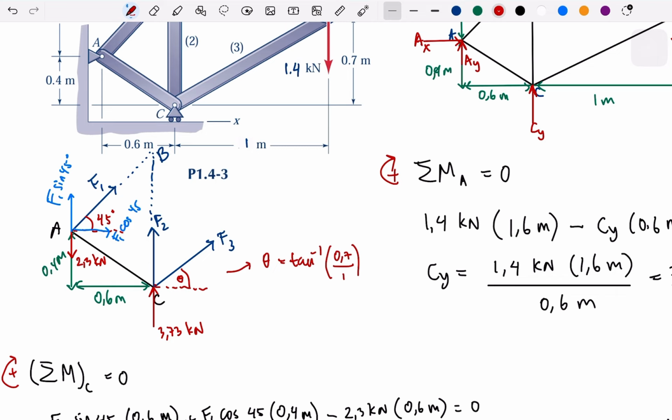What is tangent inverse of this? On the decimal, right? Okay, so I think we can just make 35. So this is okay. Like if you in exam, like you have some decimals, you want to make it a whole number, it's okay. So this will be around 35.